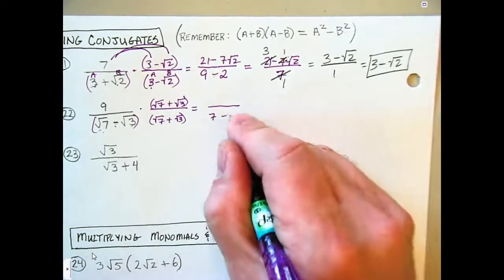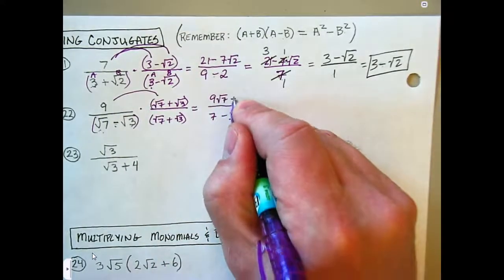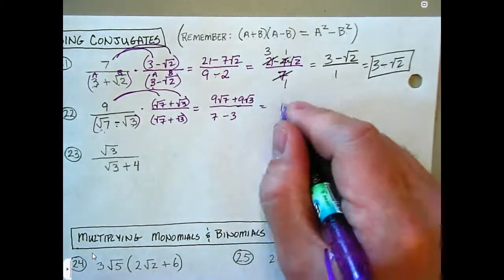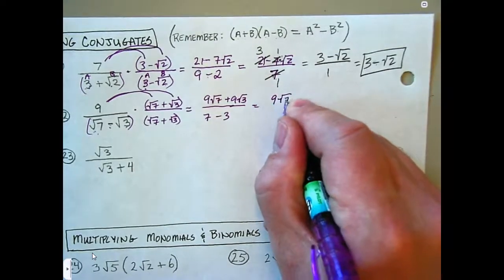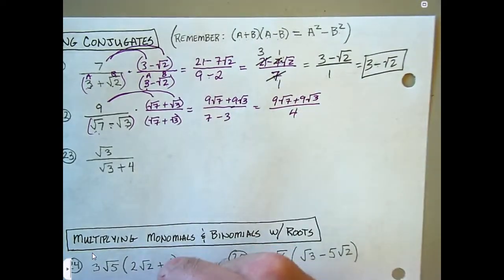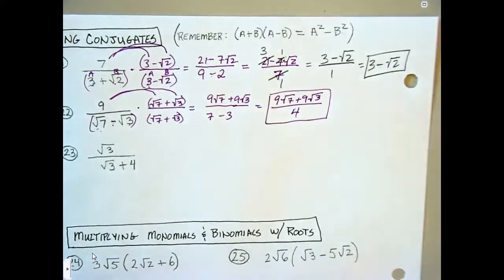Root 3 by root 3 is 3. 9 root 7. 9 root 3. All right. Oh, you can't. Think we got it? Okay, if you want to try another one, you can try number 23, but I'm going to move on to the bottom part.